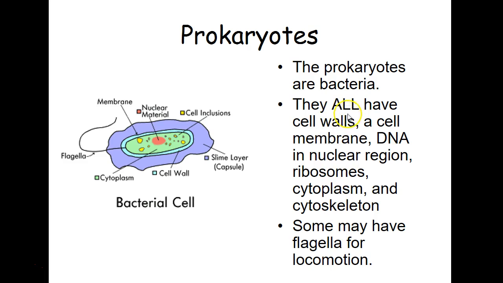So they're very basic. So cell wall, cell membrane, a place for DNA. Everything has DNA. Ribosomes, cytoplasm, and a cytoskeleton. That's the basic. Some may have a flagella. That is just a tail, to provide motion, that's just called a flagella.